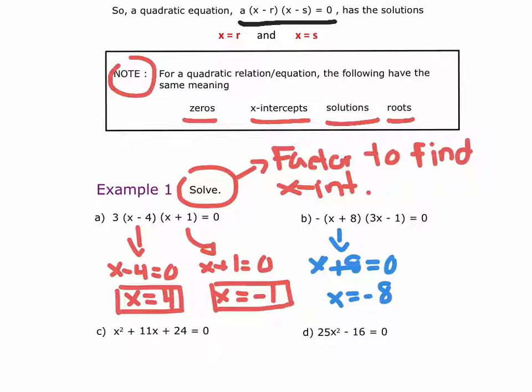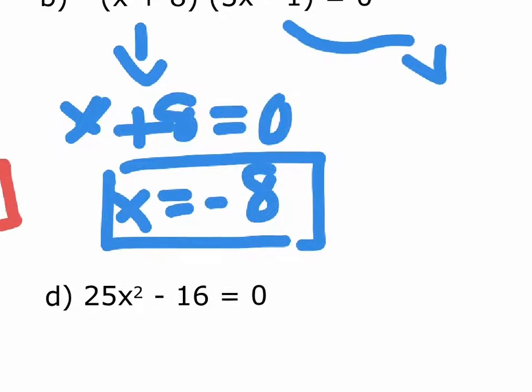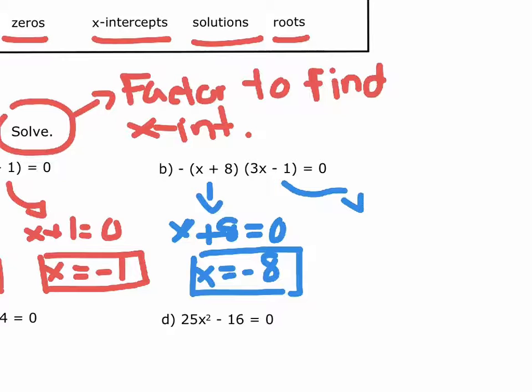Now, I've talked about this before: if you're dealing with two values, it can change the process, and that's why we set it to 0. Note this one right here: 3x minus 1 equals 0. Again, we're solving for x, that's our unknown.